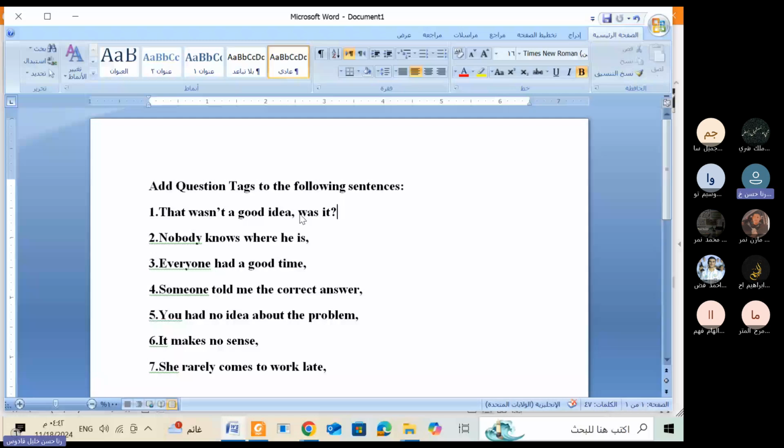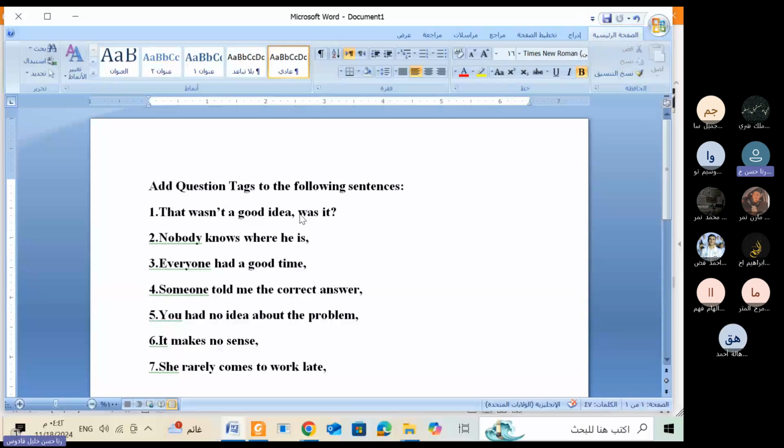Let's agree, Tawjihi: nobody, somebody, everybody, when you need a pronoun to replace it, it will be they. The body family, or one, no one, or nobody, someone or somebody, everyone and everybody are replaced by they. So, no one knows where he is.